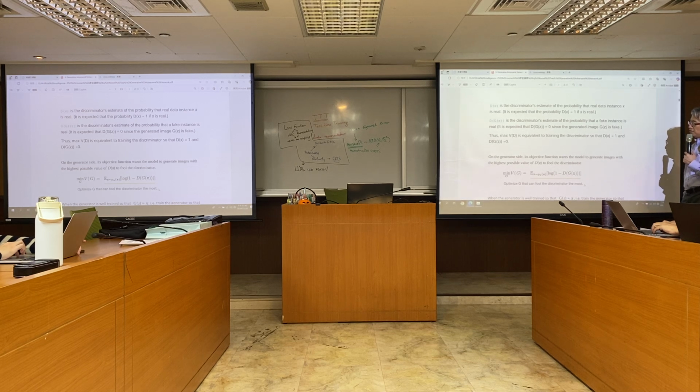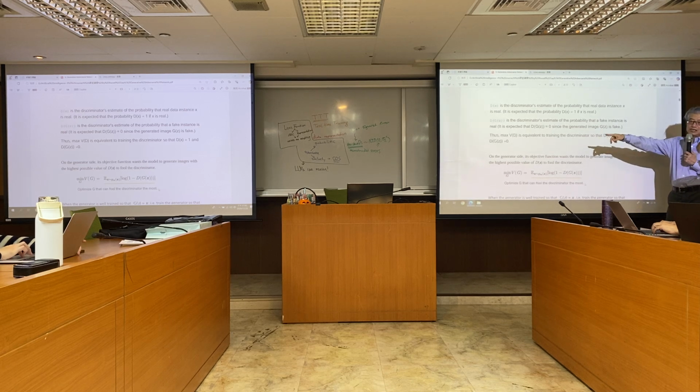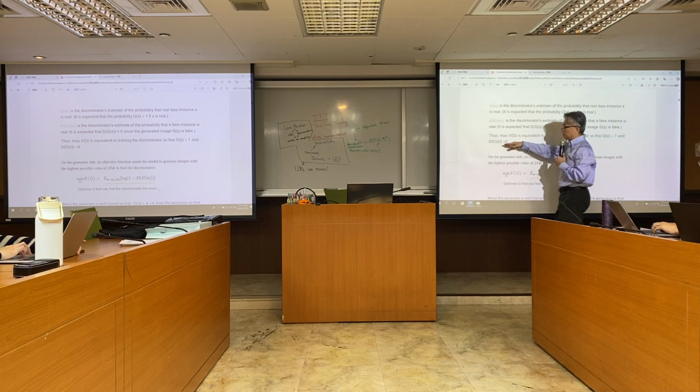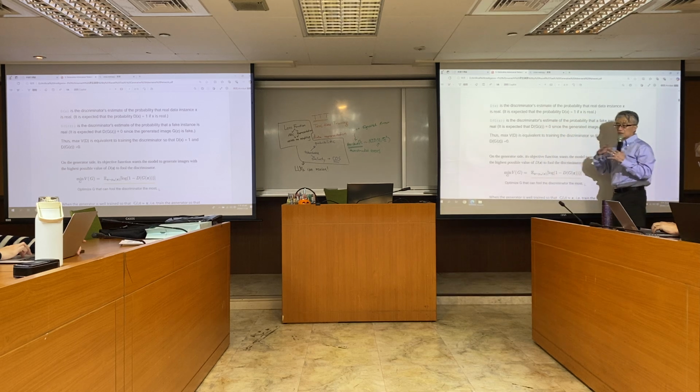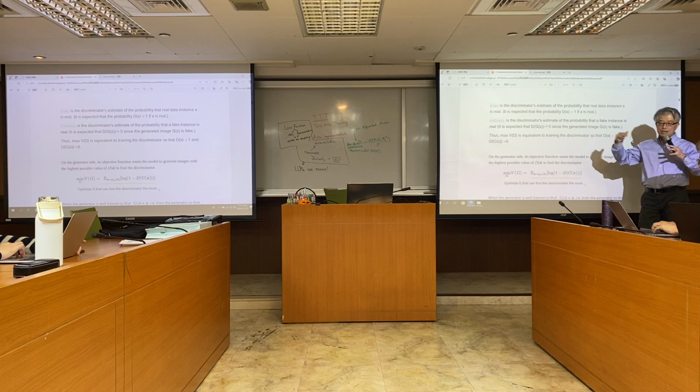So the maximization of V of D is equivalent to training the discriminator, D of X equal to 1 and D of the generated image equal to 0. This is a major objective. So there are two loss functions added up together, and these two are jointly optimized during the training.